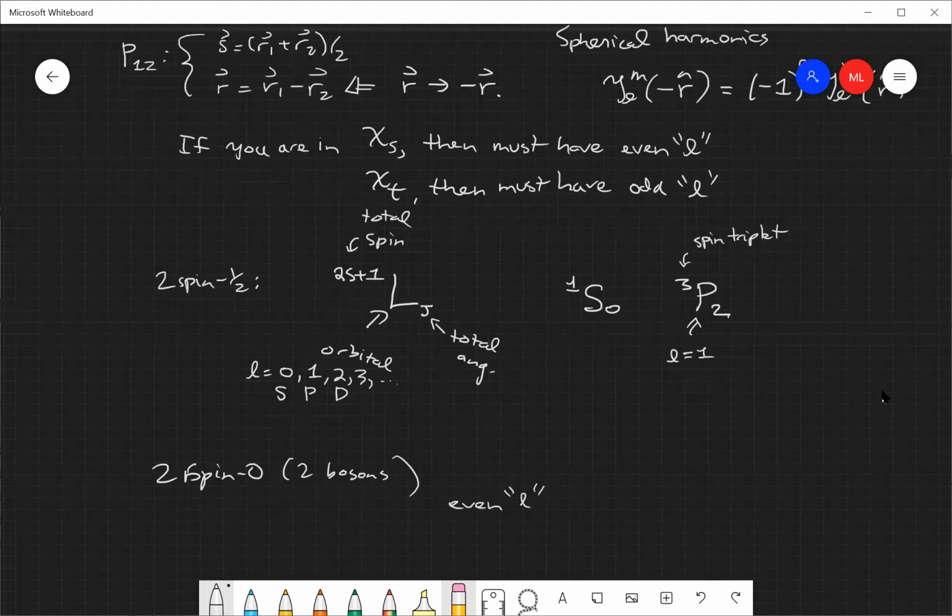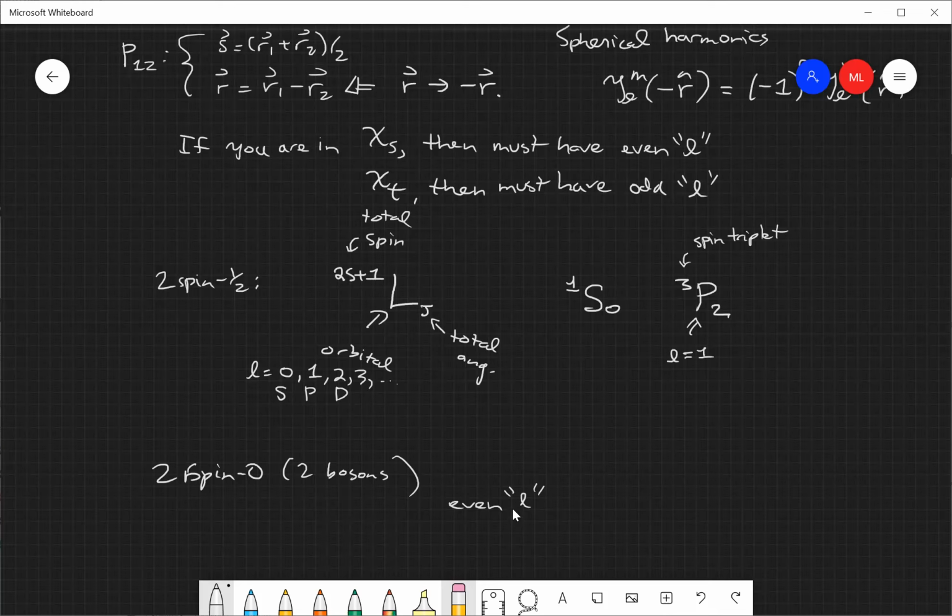Because then your wave function has to be symmetric, and there's no spin part to even consider because it's spin 0. There are no multiple states that you can have. There's no spin up, down. That's it. There's just spin 0. No spin. So that means they're bosons, and the orbital angular momenta that they can have only has even L quantum numbers.